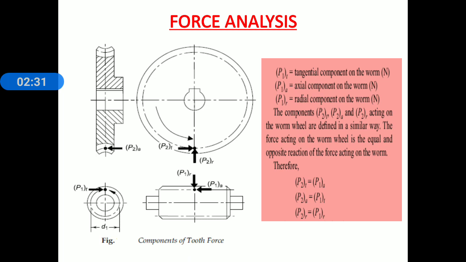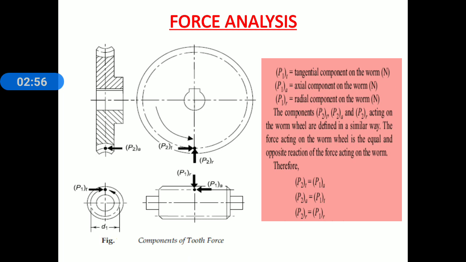Okay, now everyone observe the figure. P1T is the tangential component on the worm in Newton, P1A is the axial component on the worm in Newton, P1R is the radial component on the worm in Newton.